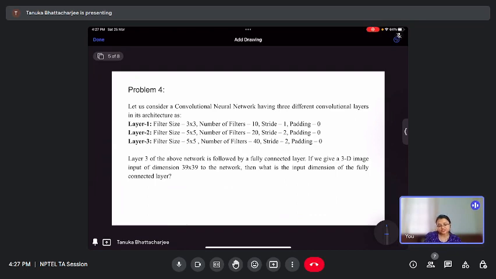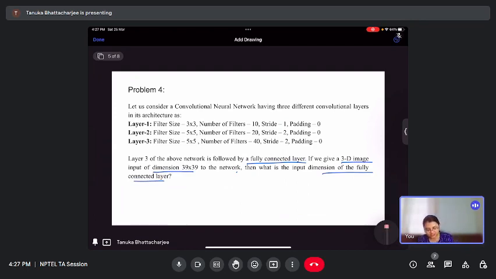Now, layer 3 of this network is followed by a fully connected layer. If we give an RGB image input of dimension 39 cross 39 to the network, then what is the input dimension of the fully connected layer, that you have to determine.